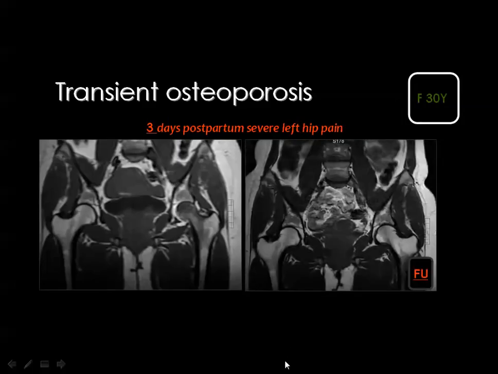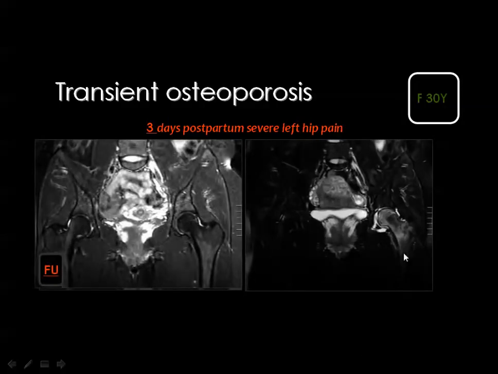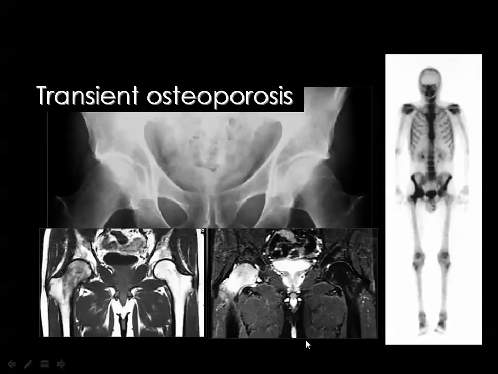Then the follow-up study, which is performed I think about 3 months later, and you got total resolution of the changes in the left femoral head. And if you compare the STIR images at the time of the disease and the STIR images on the follow-up study, you can appreciate the resolution of the disease.